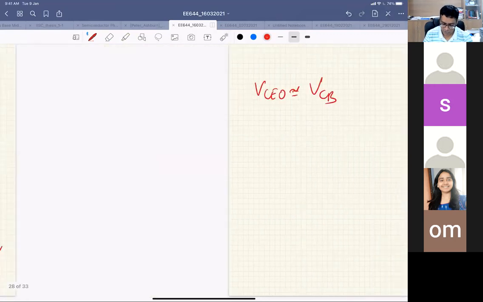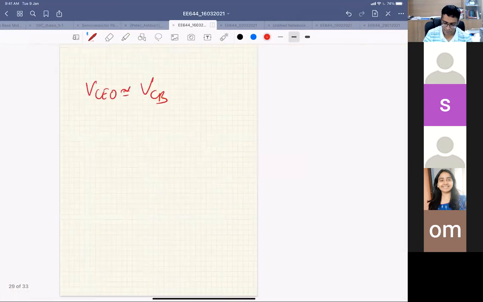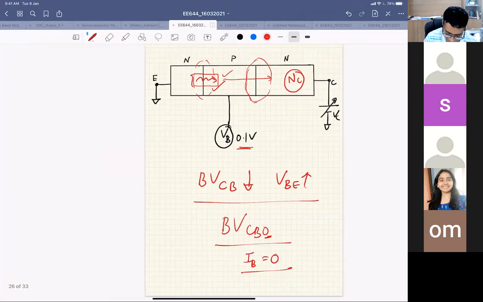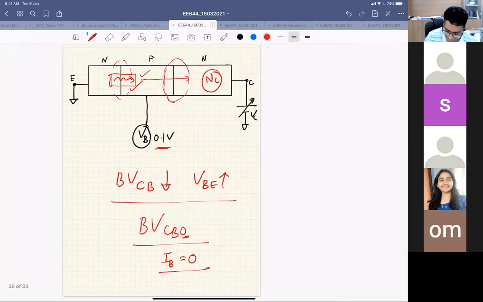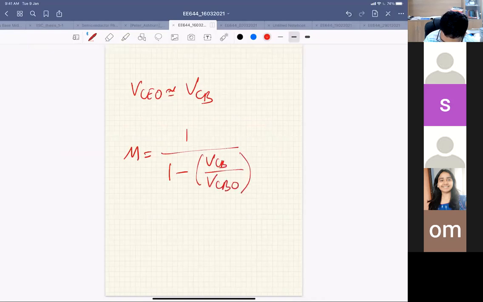So if I do that, and I know the multiplication factor M I have defined as 1 by 1 minus (VCB by VCBO) to the power n, I could also write this as 1 by 1 minus (VCEO by VCBO) to the power n in this condition.